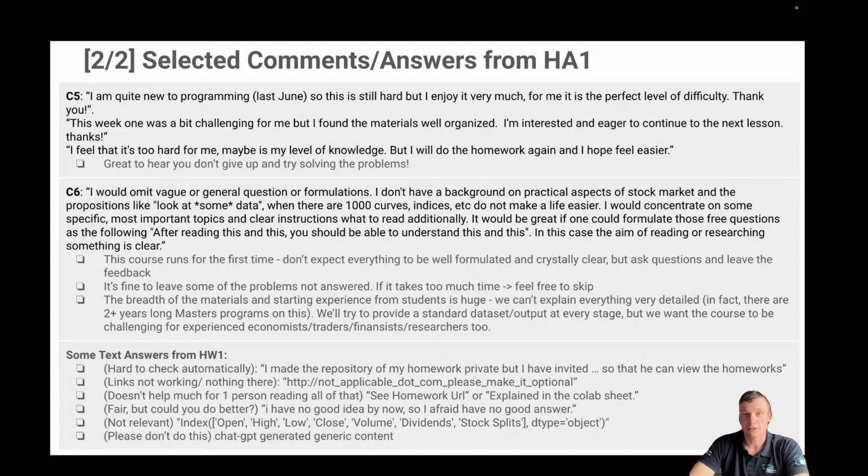Next thing is that I don't expect that you answer all the problems. So if you don't know or you don't have time, feel free to skip. And last but not least, the breadth of the materials is quite big. So we're trying to cover different aspects of investing, different time series, markets, instruments.